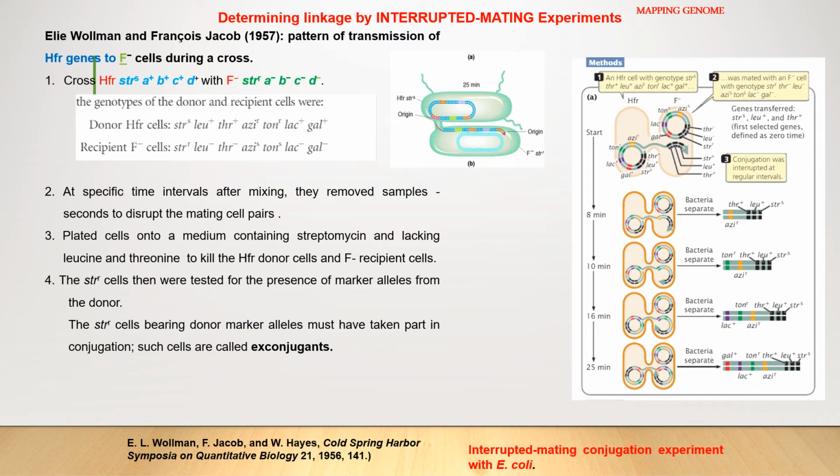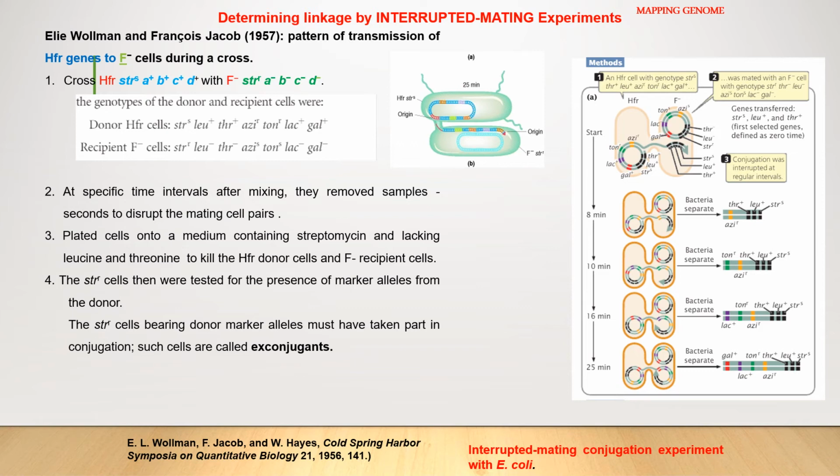Then the genes from the Hfr bacteria are transferred in an oriented linear manner to the F- strain. The first donor gene to appear was the sodium azide gene at 9 minutes, followed by the T1 resistance gene at 10 minutes, then lac at 18 minutes, and so on.